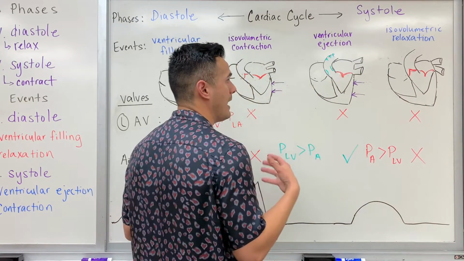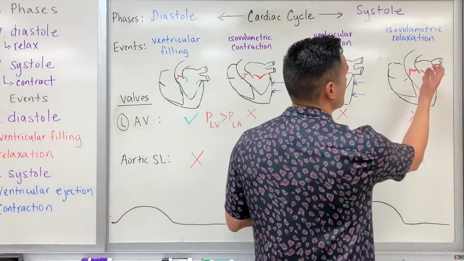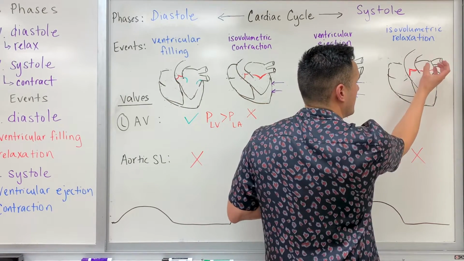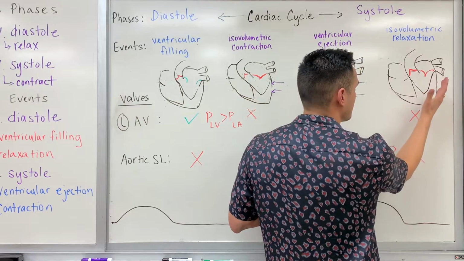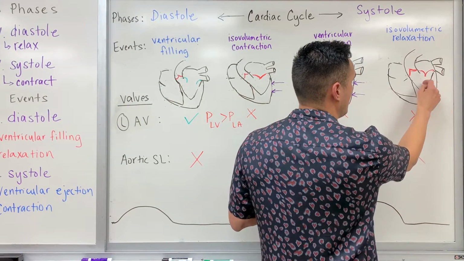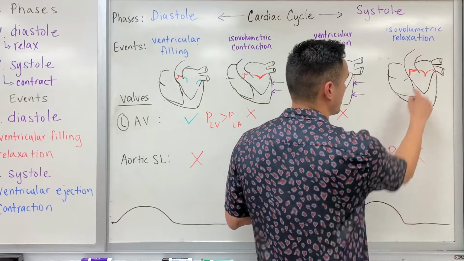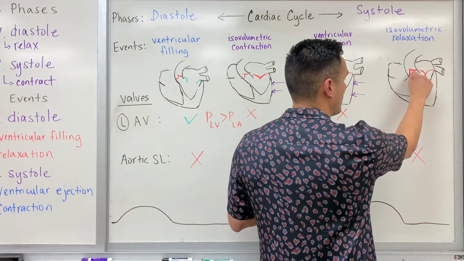Well, why would that happen? Because once you enter isovolumetric relaxation, the ventricles are starting to relax, so the pressure in the left ventricle is going to drop. The pressure drops, and that's what's going to shut this valve here, the aortic semilunar valve.